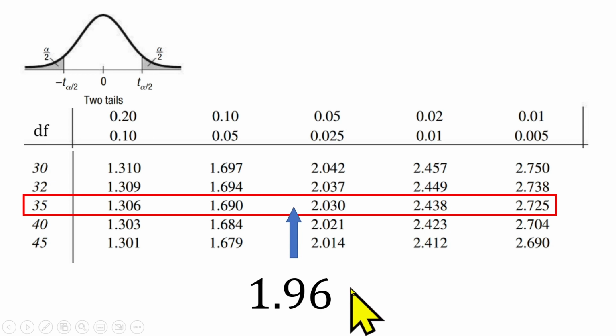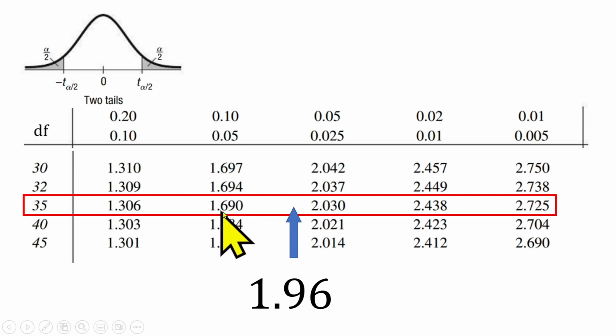So here's the point. If our test statistic was 1.69 right here, then the area in the upper tail would be 5%. And that would be our p-value. If our test statistic was 2.03, then the area in that upper tail would be 2.5%. And that would be our p-value. But our test statistic actually is in between these two numbers.